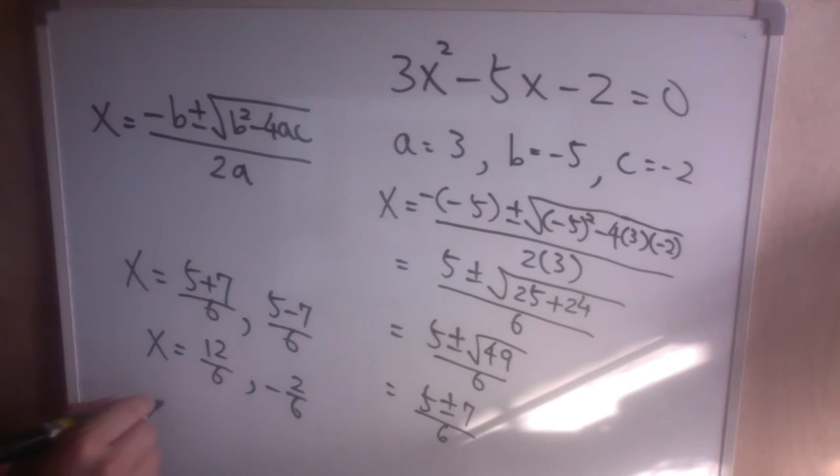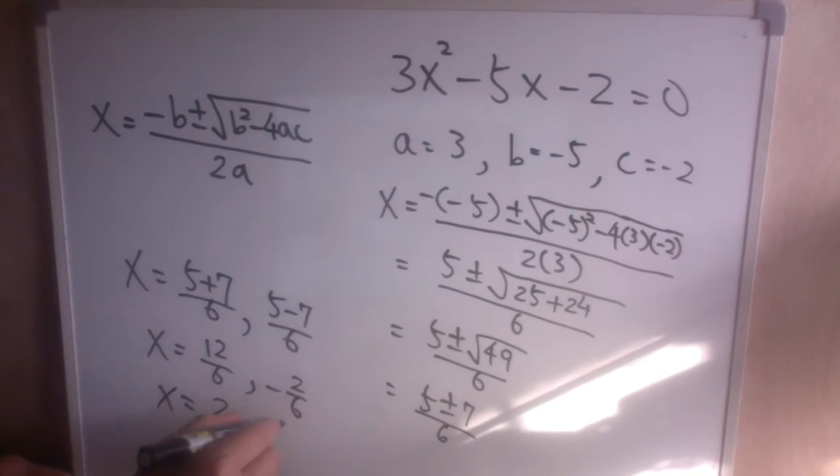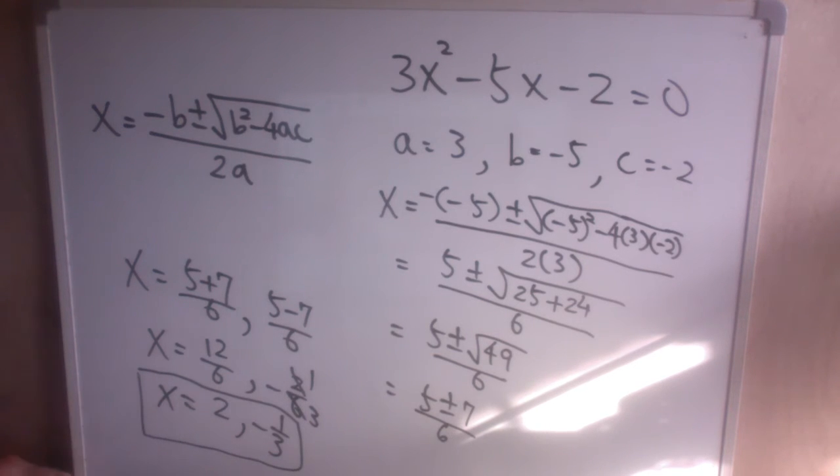So then x is equal to 12 over 6, that's 2, or negative 2 over 6, that's negative 1/3. And we have our solution: x equals 2 or negative 1/3.